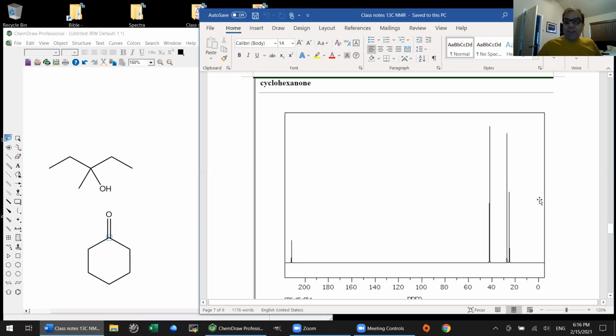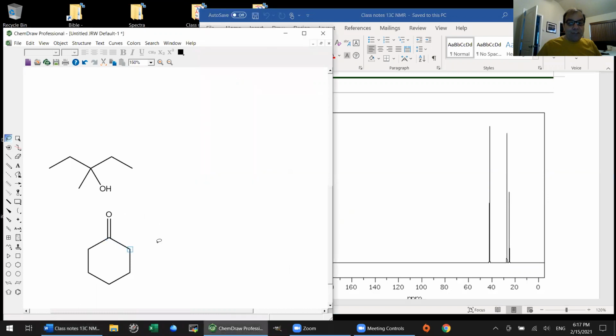Meanwhile, we've got these other 3 types of carbon over here, and they're all of the alkyl type carbons. I would expect that of these 3, the most downfield one, this one around maybe 41 parts per million, would be those CH2s that are alpha to the carbonyl, next to the carbonyl, and that's a very typical place for those to show up. The other 2 would be those 2 types of carbons that are further away from the carbonyl.